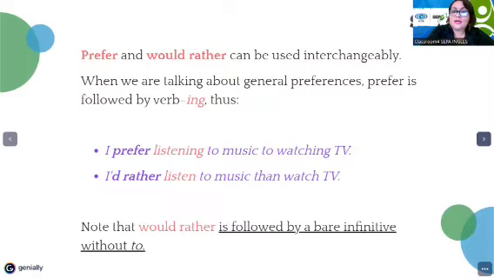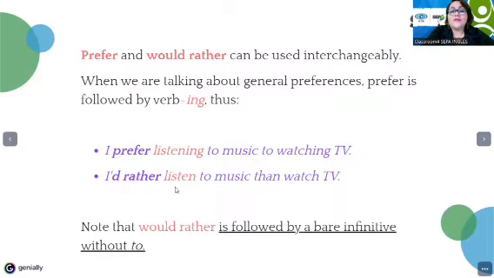If you observe, I'm talking about different structures or different verbs in different situations. When I use the verb that is next to prefer, I say I prefer listening to music to watching TV. I'm comparing something that I prefer with another action.